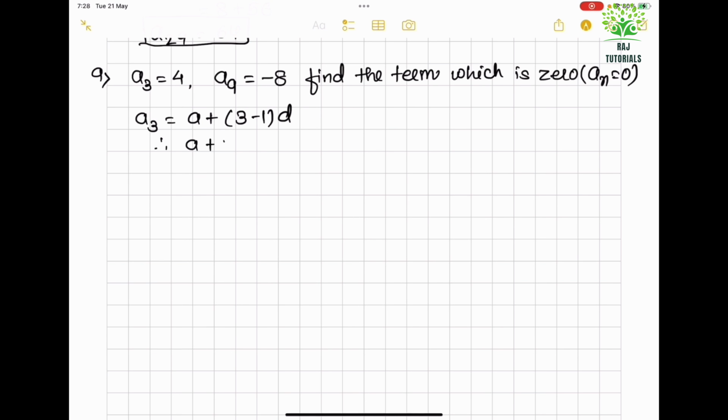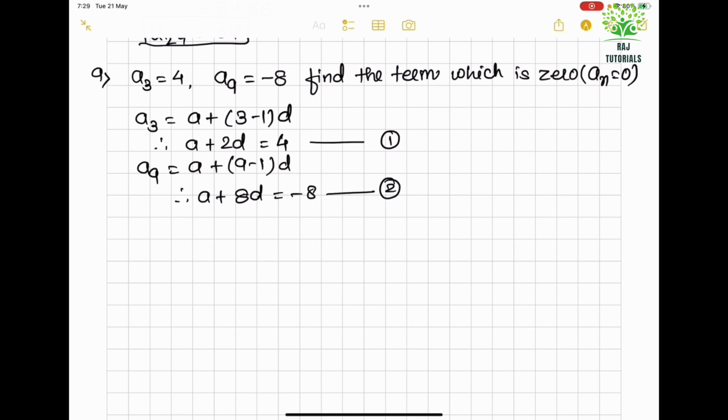So therefore A plus 2D equal to 4. This is 1. And similarly A9, A plus 9 minus 1D. So therefore A plus 8D is minus 8. Now first of all solving them.